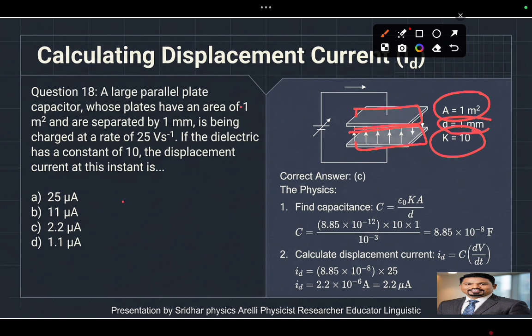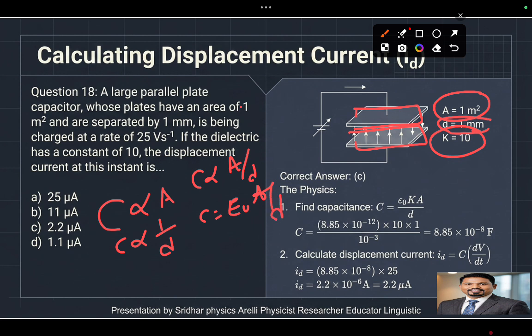Now we have a formula for capacitance. It depends on the area of the plate, and it is inversely proportional to the spacing between the plates. So C is proportional to A by D, that is C equal to epsilon into A by D. With the dielectric, you can consider K, so that is A epsilon naught K by d.